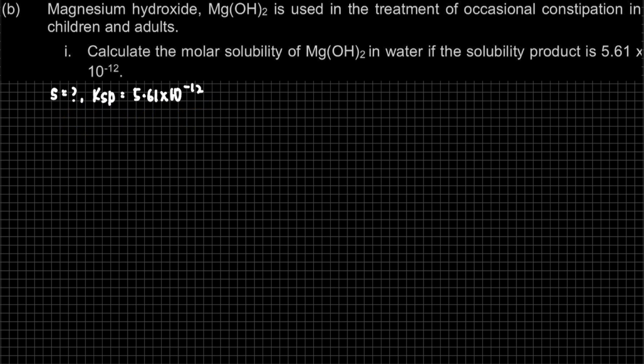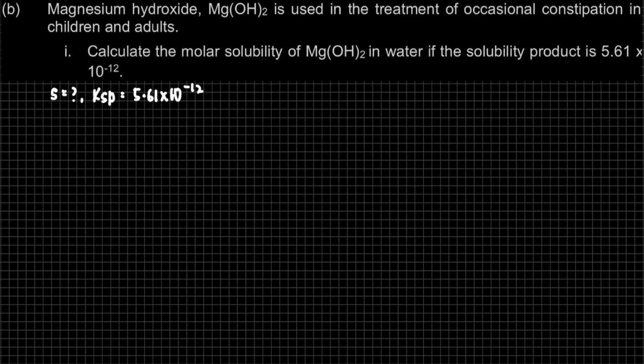When we are talking about solubility, we want to know how much solid dissolves in water to form our solution. So what happens is that we dissolve the Mg(OH)2 in water. This is based on the information itself. Usually if it does not say dissolve in water, we assume it is in water.